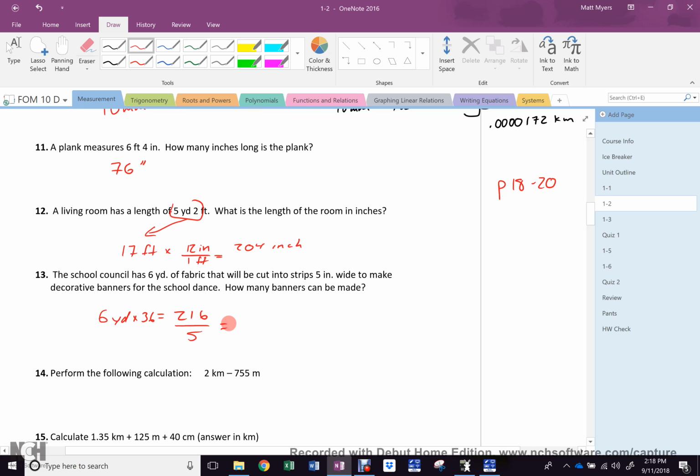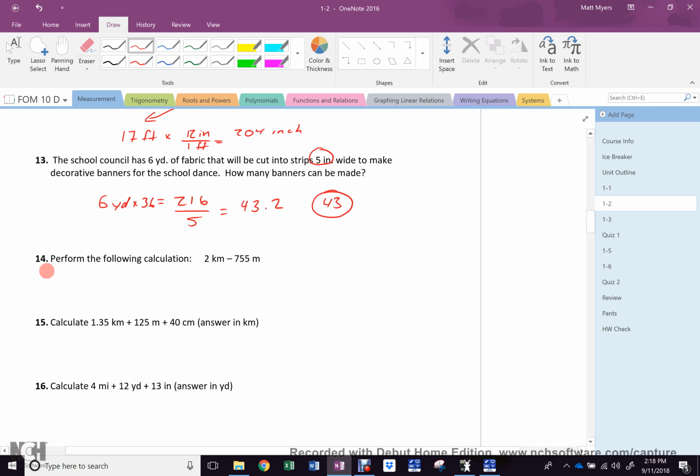Which is what? 43.2. Can I make 0.2 of a ribbon? No, so what's the proper answer? 43, with 1 inch spare. I didn't fool anybody there, did I? Good. Why did you divide it? Because I have 216 inches of fabric and I'm cutting it into 5-inch strips. Okay. Division is cutting.